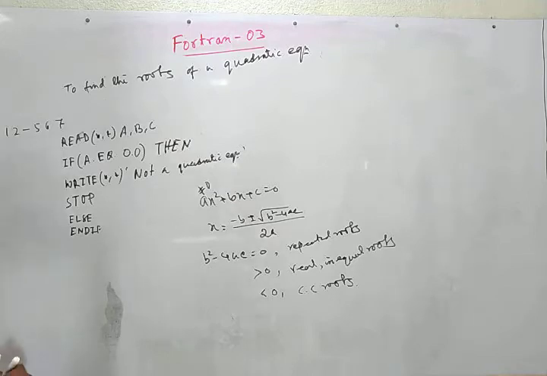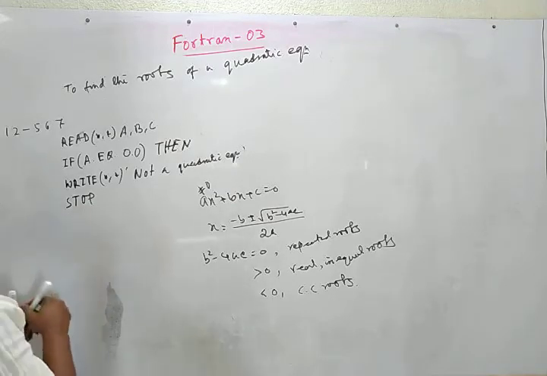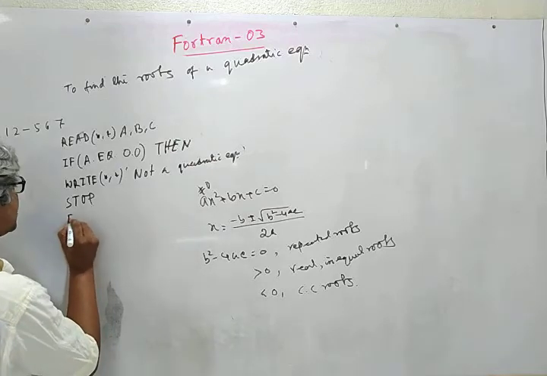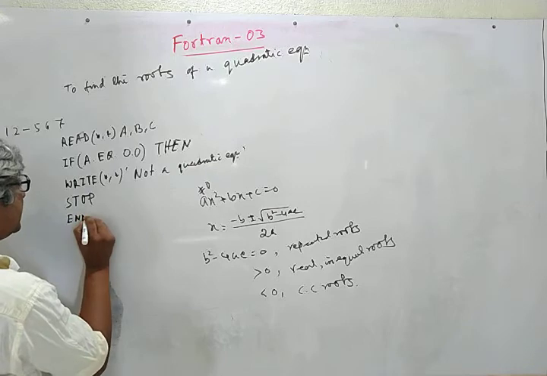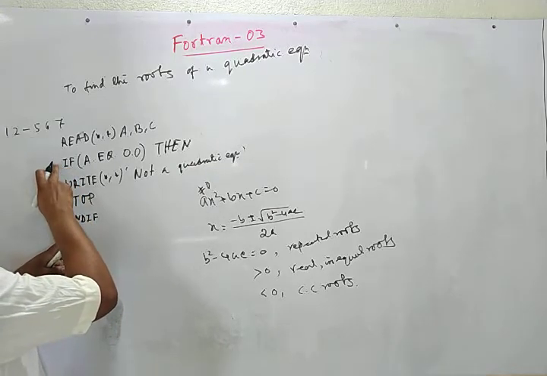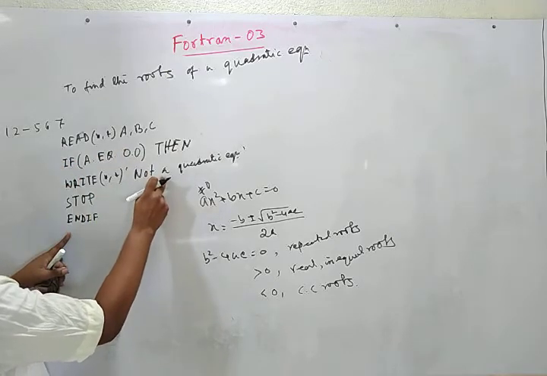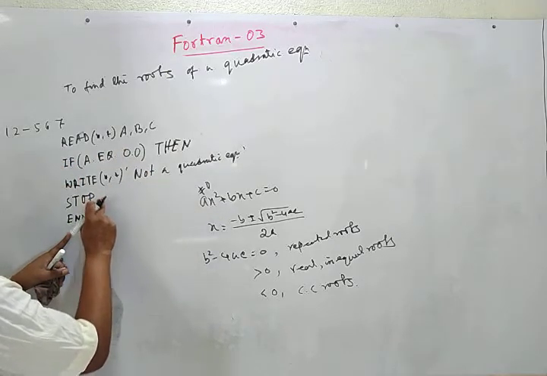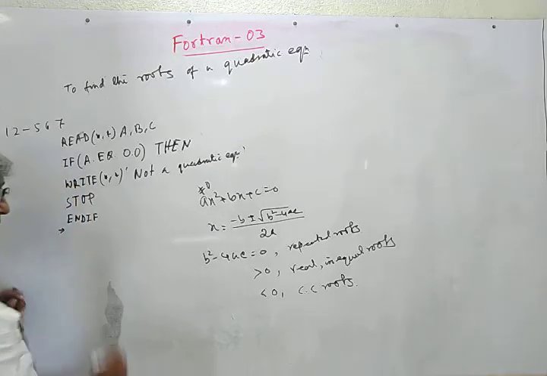Instead of writing these two lines, we may not write this else and write else if. When the program finds that there is no else part, it means that if calculation ends over here. So whenever a is equal to 0, it writes this one and the program stops here. If a is not equal to 0, the program comes right there.